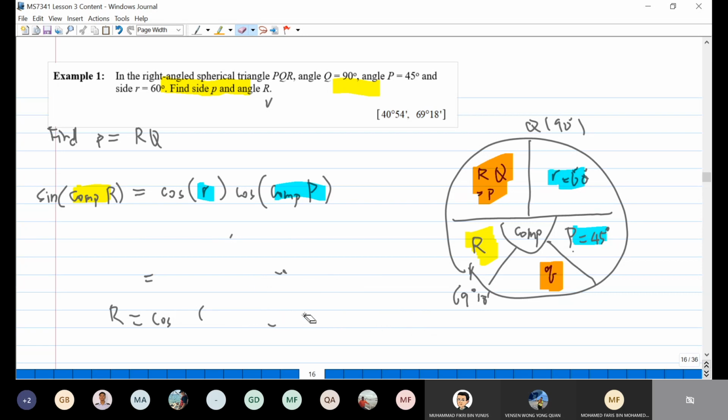Okay, so I'm going to use the adjacent of P. Let me change the color now.